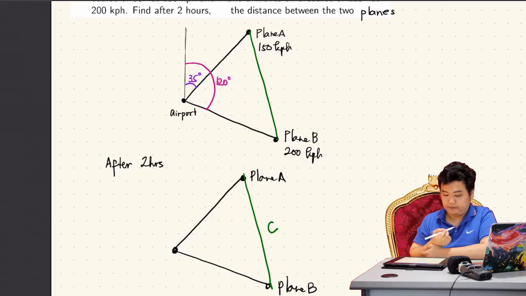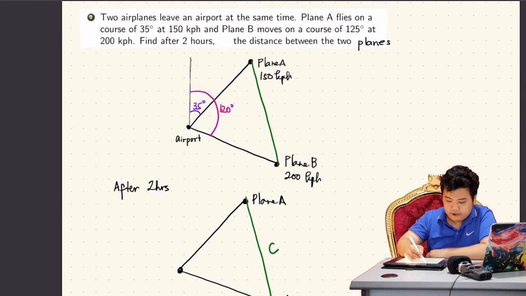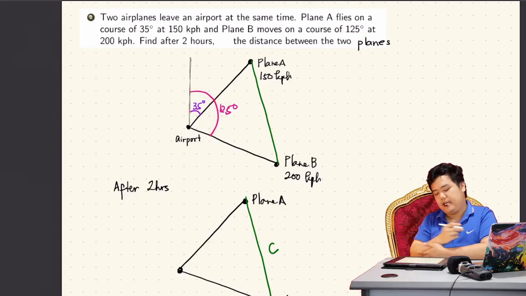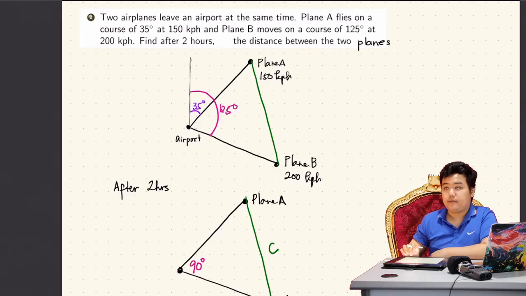Which is 125 minus 35, ang lalabas ay 90. Tama ba? Yes, it's 90. So, 90 degrees itong part na ito.